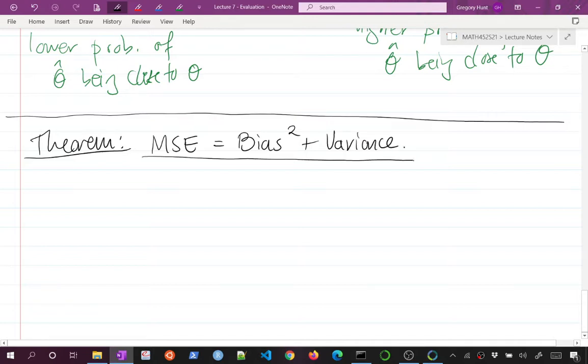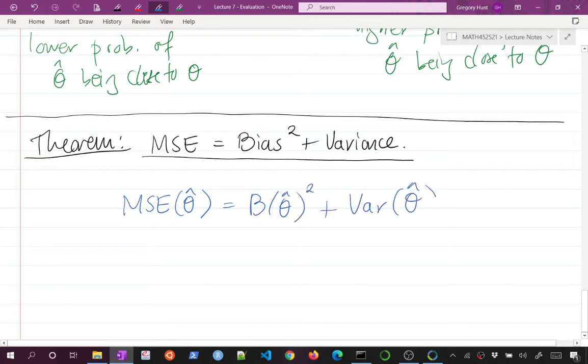Let me write that out a little more formally. The MSE of theta hat is the bias of theta hat squared plus the variance of theta hat.